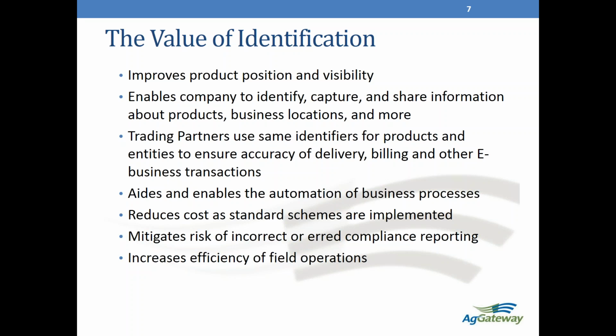Trading partners use the same identifiers for products and entities, and this ensures the accuracy of delivery, billing, and other e-business transactions. It enables automation of other business processes. It reduces costs. It mitigates risk of incorrect or errored compliance reporting, and it increases efficiency of field operations.